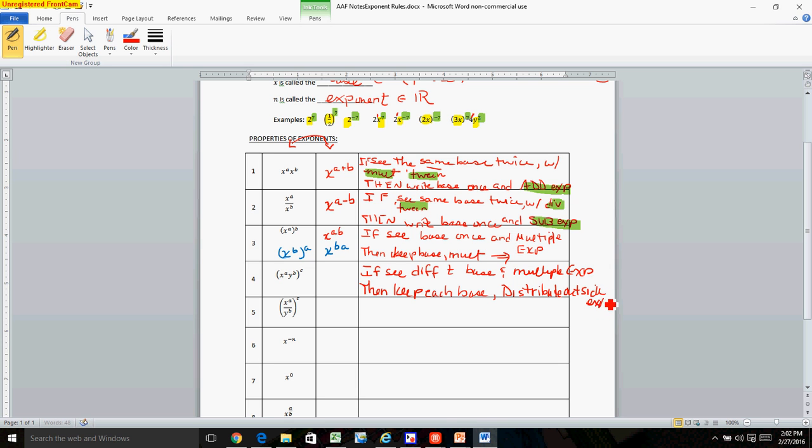exponent. So here notice that I have x and y, which are different bases, and that x has an exponent, y has an exponent, and then there's an exponent outside the parentheses. Distribute, and isn't that weird how that does that? Distribute is just a fancy word for saying multiply, right?